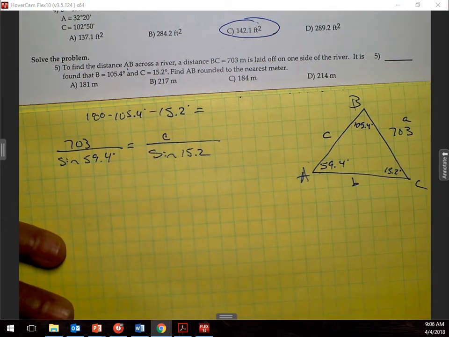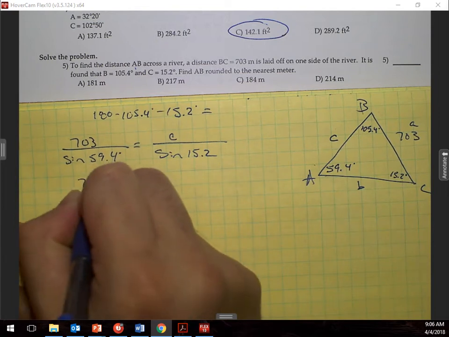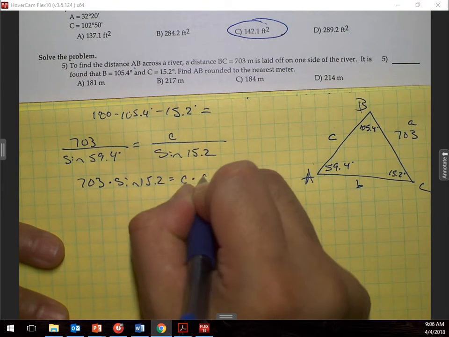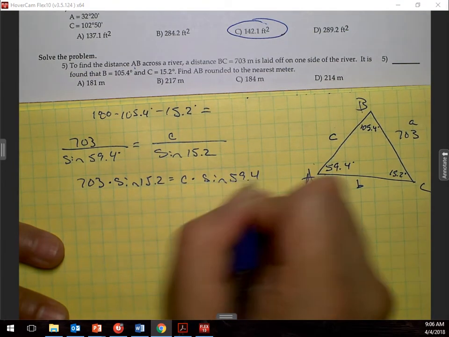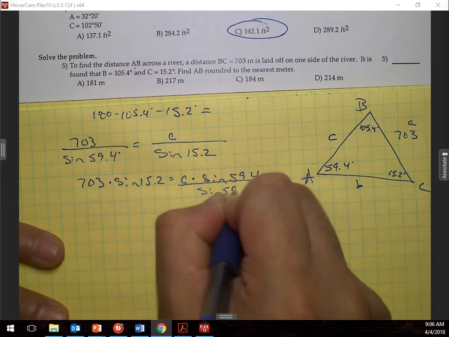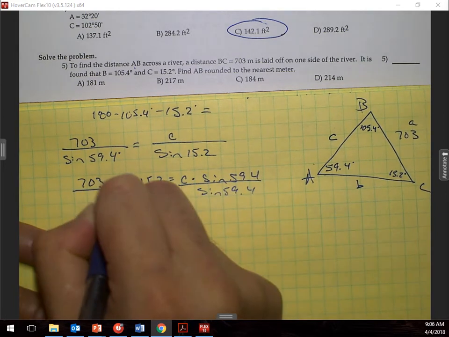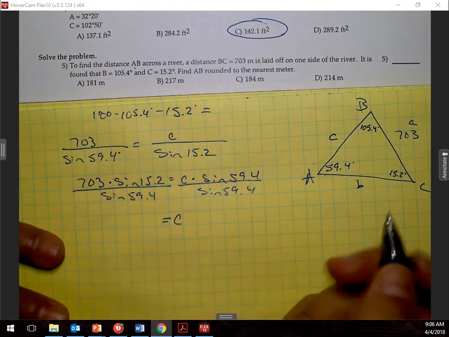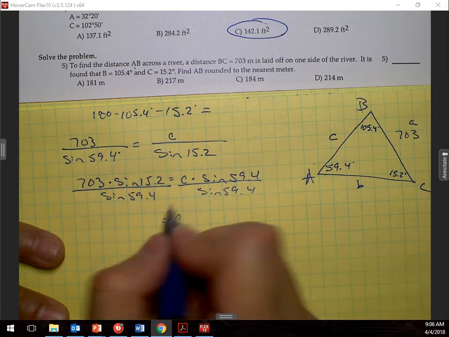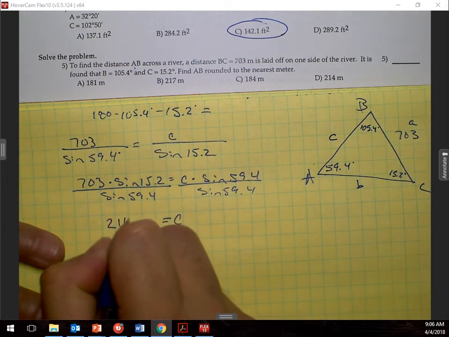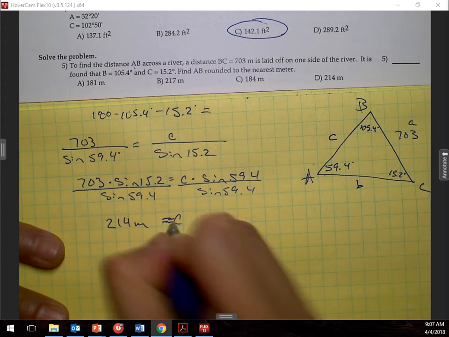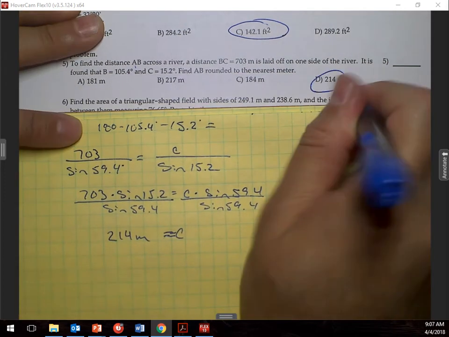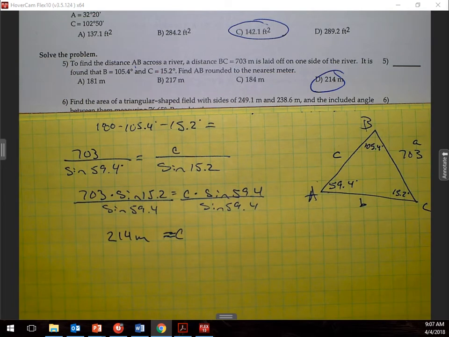Do the math. 703 times sine of 15.2 is equal to c times sine of 59.4. So c is 214 meters.